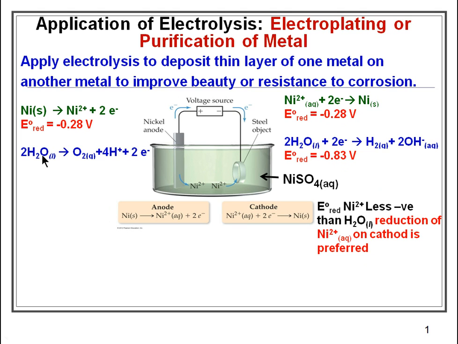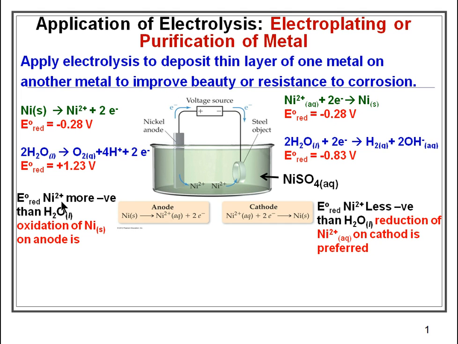On the other hand, water oxidation: the oxidation state of oxygen in water is minus 2, and here the oxidation state of oxygen is 0, so minus 2 to 0 means oxidation.